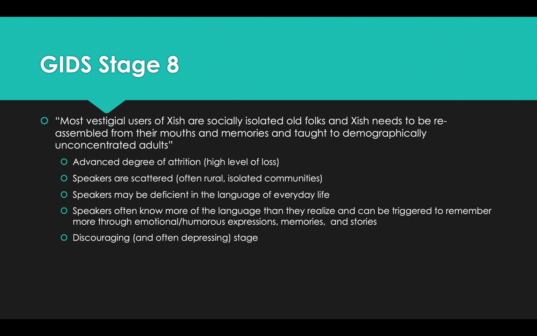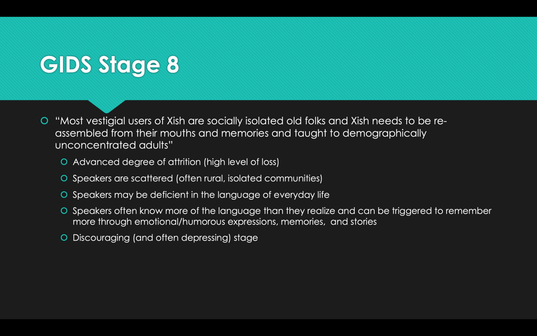So maybe they don't remember a lot of things. Maybe they don't have clear speech, because as you lose teeth and other things, it becomes harder to pronounce. And sometimes their memories become jumbled of how they used to use different things or how stories went. And then the language they have has to be reconstructed and then taught to demographically unconcentrated adults.